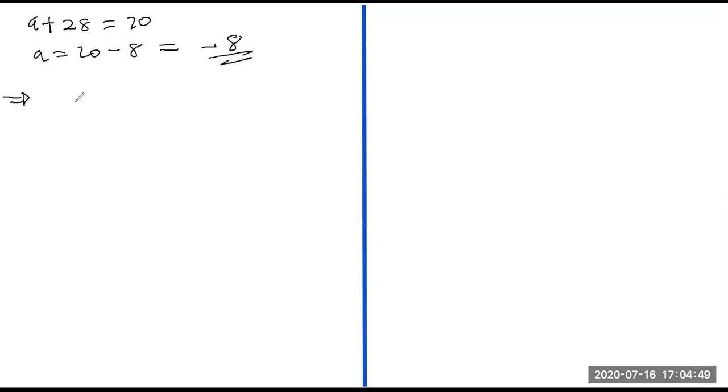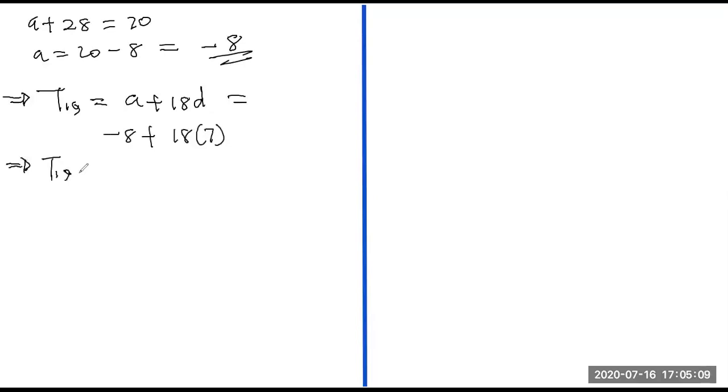So T19 is equals to A plus 18 what? D. And that will give us our A is minus 8, minus 8 plus 18 multiplied by 7. So that implies that our 19th term, our pseudo first term, solve this with your calculating device, is 118.